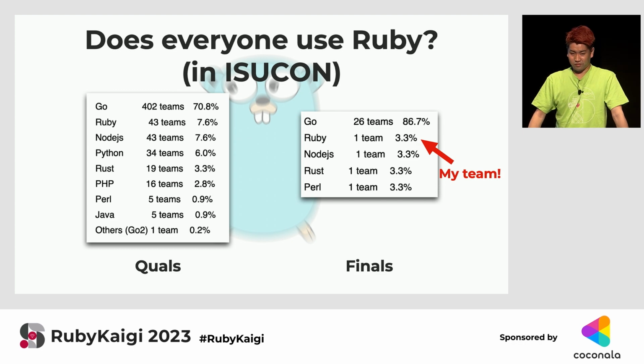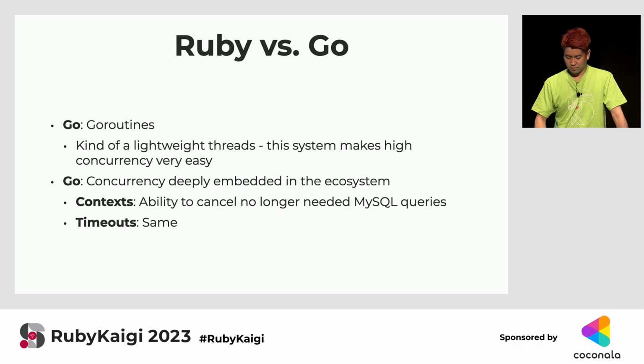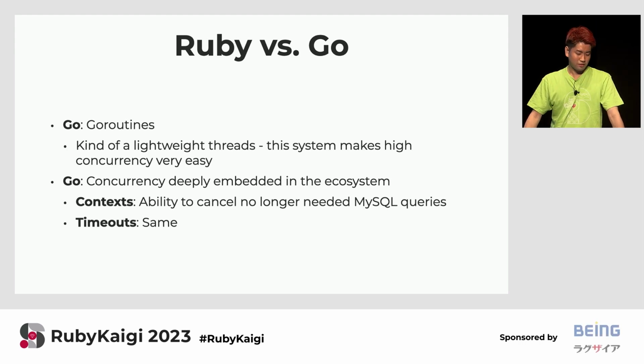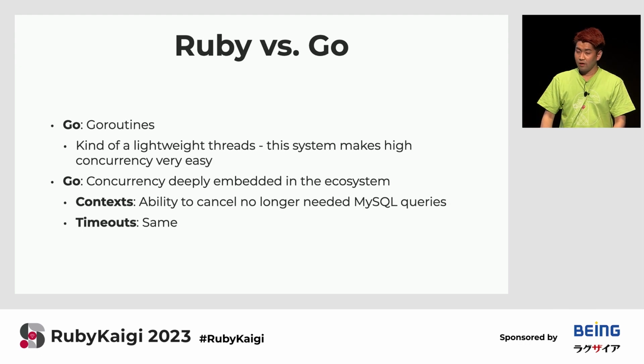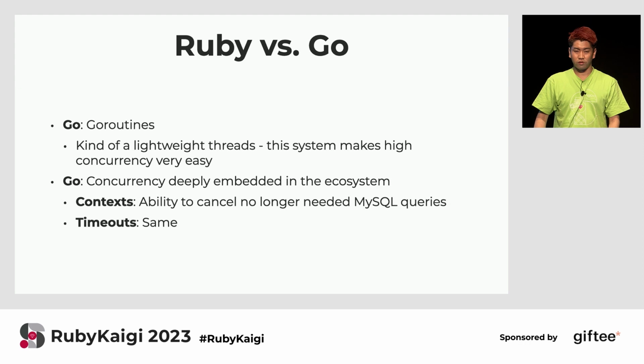What makes this difference? Well, Go has many features for better performance, so maybe that's the key. Go has goroutines. It's kind of a lightweight thread. I'm not going to step into the real details here, but goroutines make high concurrency quite easy. And more importantly, since goroutines are embedded into the language, concurrency is deeply embedded into the ecosystem itself.